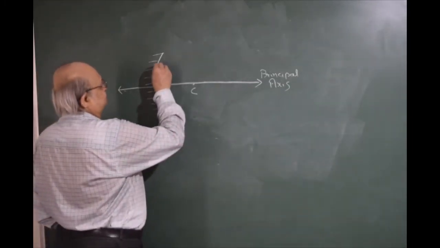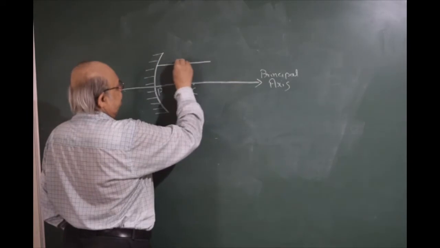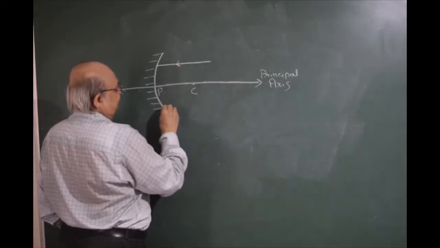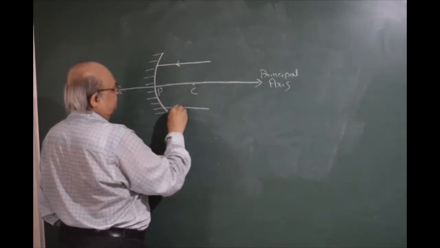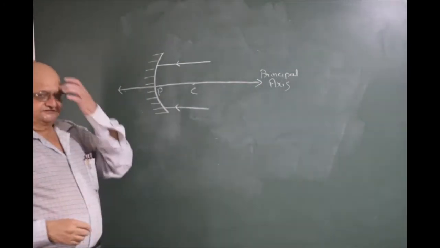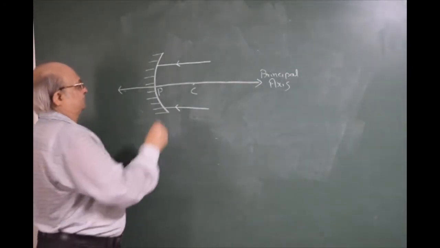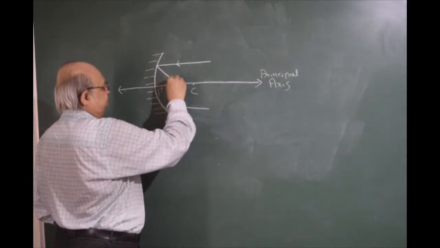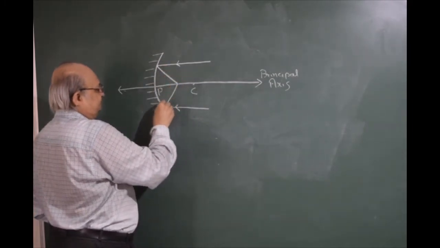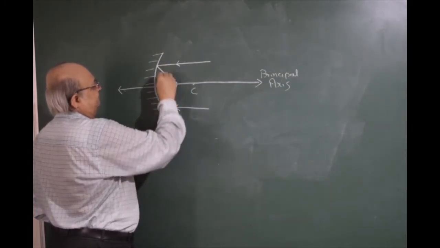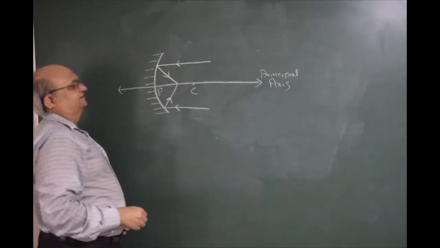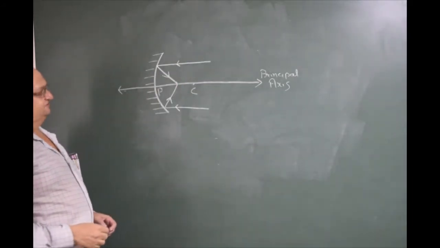Now if we throw some rays which are parallel to the principal axis onto the shiny surface, they would converge and meet at a point on the principal axis.